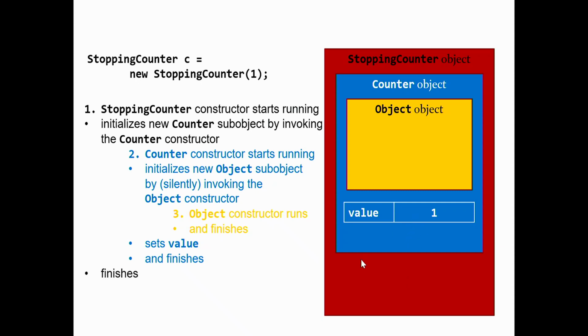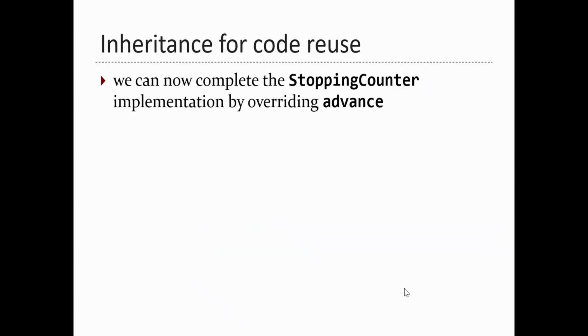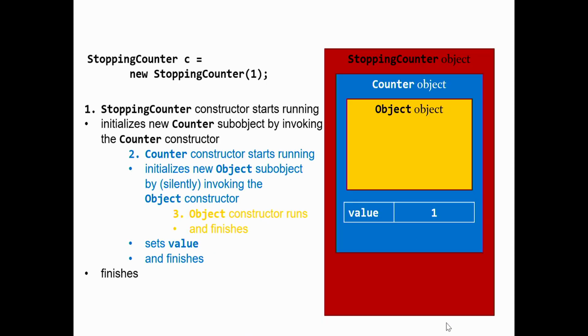And it's not until you get to the end of the stopping counter constructor that the stopping counter object gets built. So the sub-objects inside of an object get built from the top down, or from the inside out. Object gets completed first, then counter second, and then finally stopping counter third.